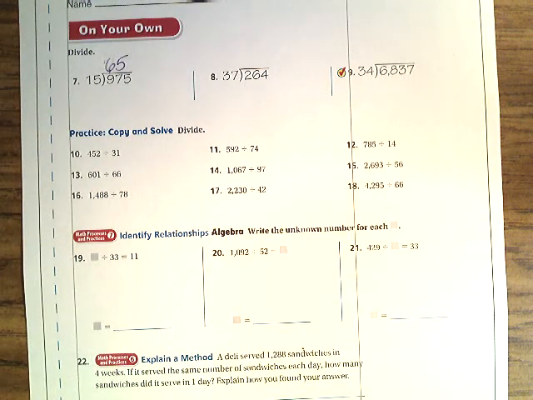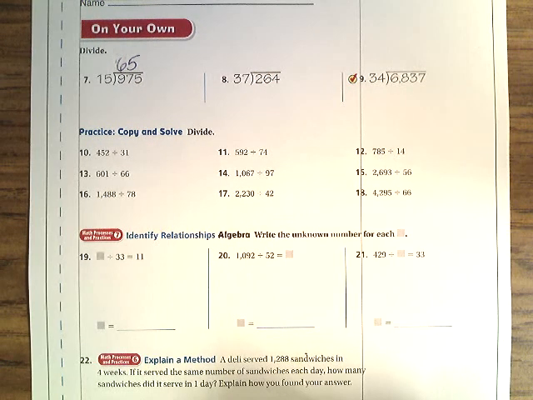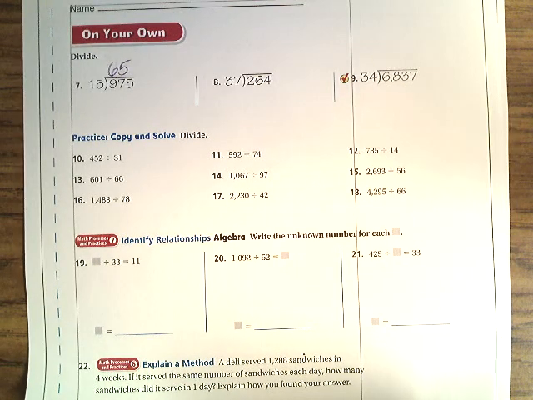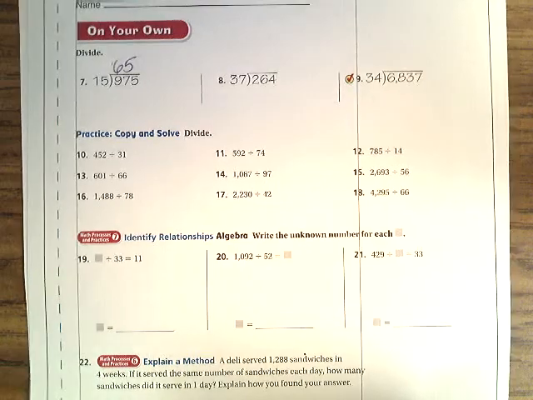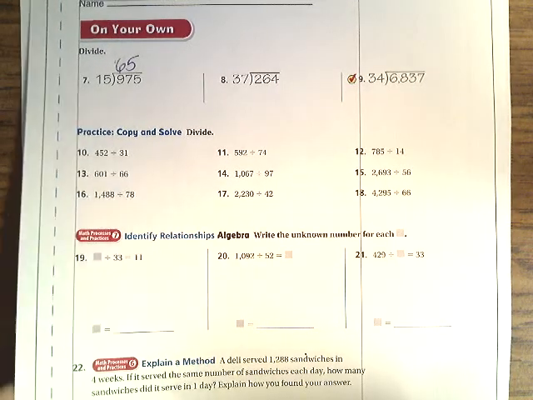Okay, 65 is our answer. This is essentially what you did last week, guys. It is really no different. It's exactly what you did last week in lesson 2.6 and 2.7. It's really just kind of extra practice. And then they added that extra piece that you might have to add a few more times to get a bigger number to divide, okay?